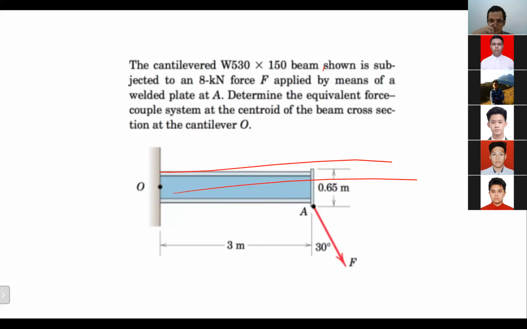Okay then, let's try to do this together. But please ignore the two red lines there. I'm pretty confused myself how to fix this.